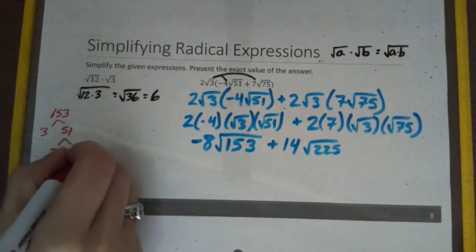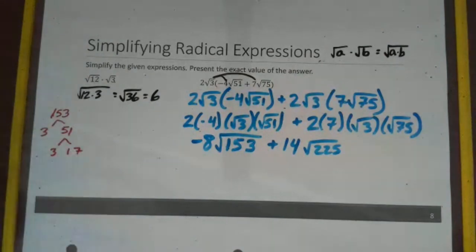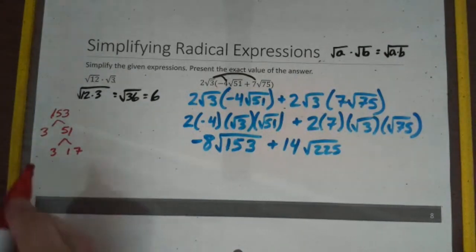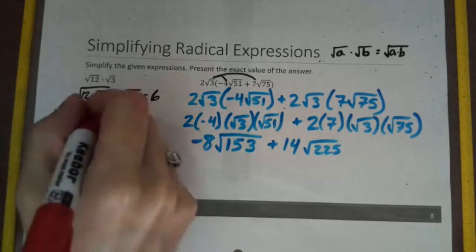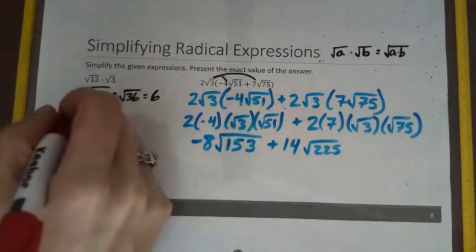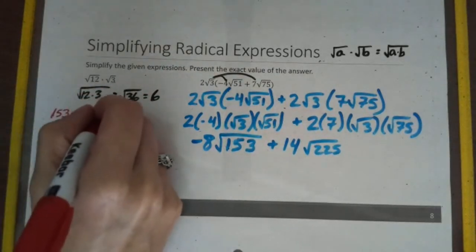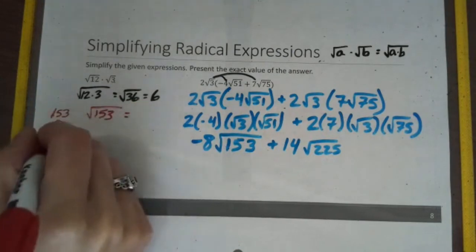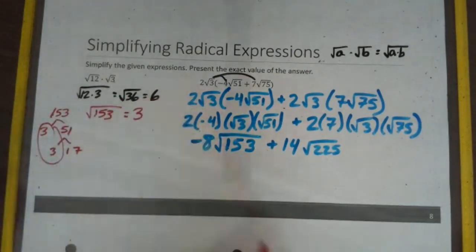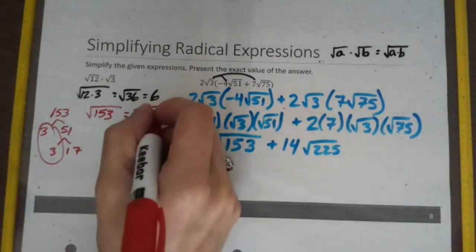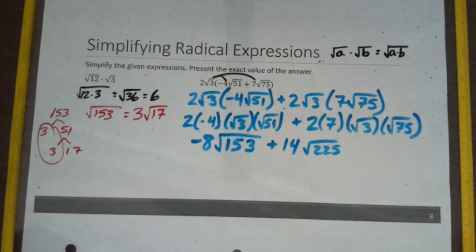It's 3 times 17. 17 is prime, 3 is prime, 3 is prime, so we're at the end of that one. So that means the square root of 153 can be written as, I have a pair of 3's, so I get a 3 out, and then the square root of 17. We'll deal with that in a minute.